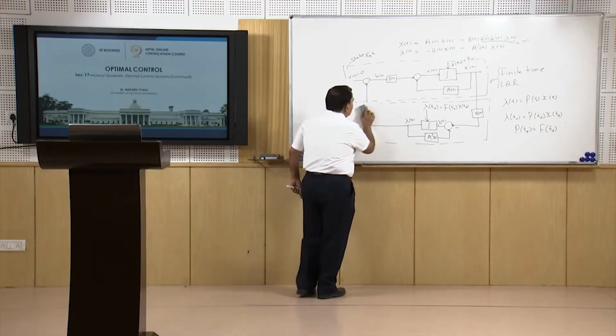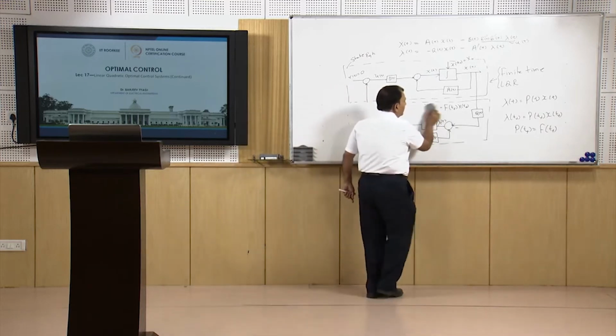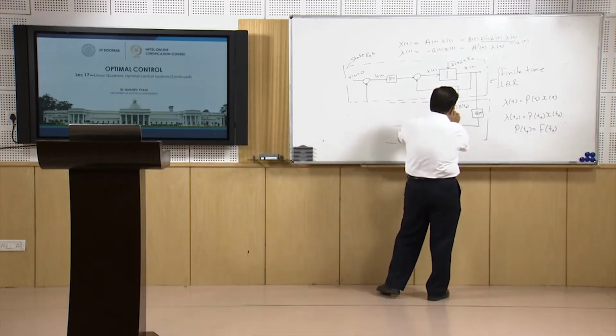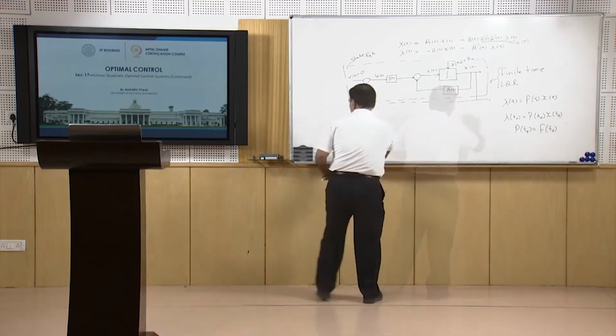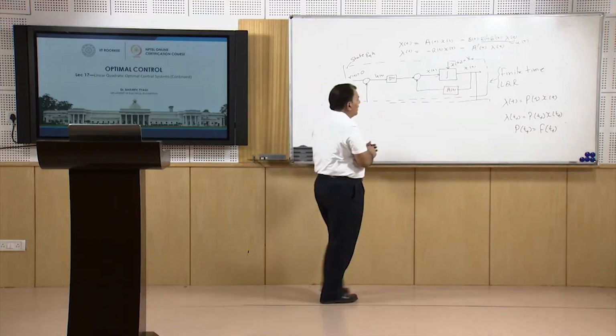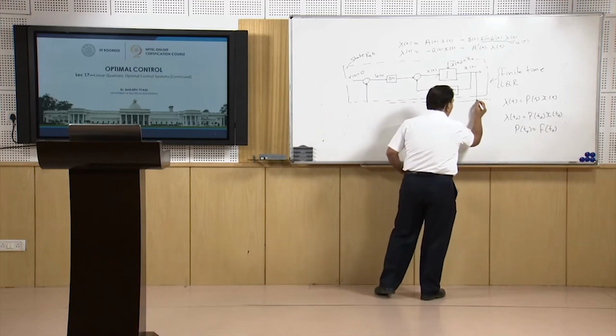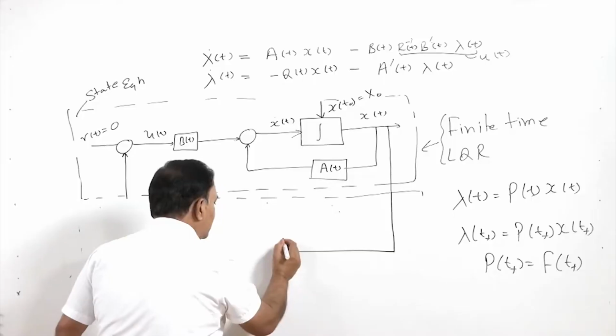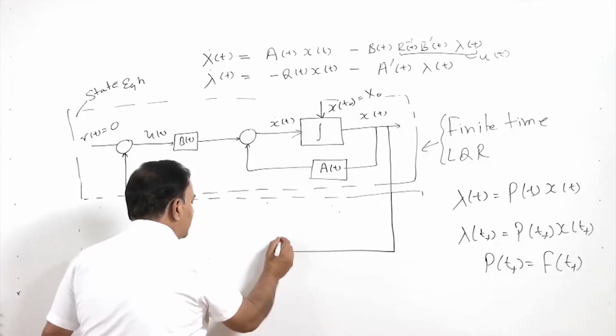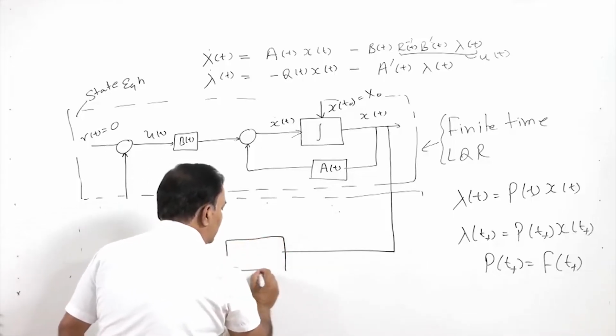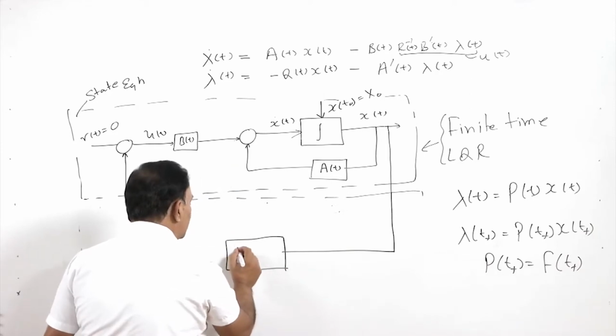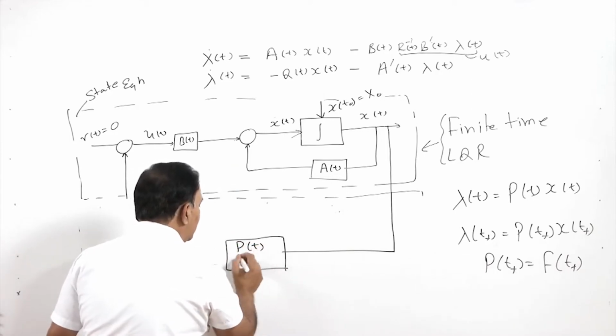Here all calculations we have to make it a closed loop. So, if I modify this, now directly I am taking the feedback. I have to find out the Pt, and this we can find out offline.